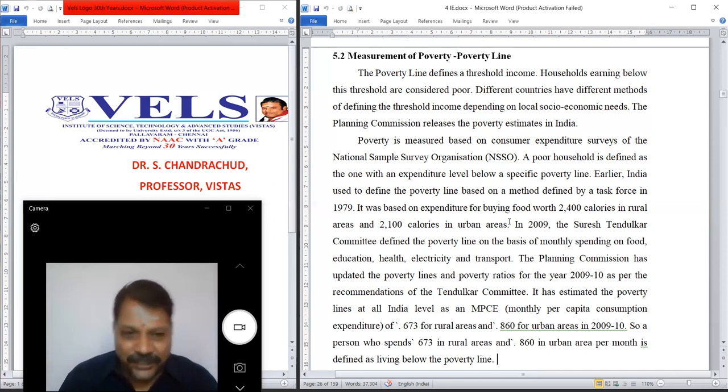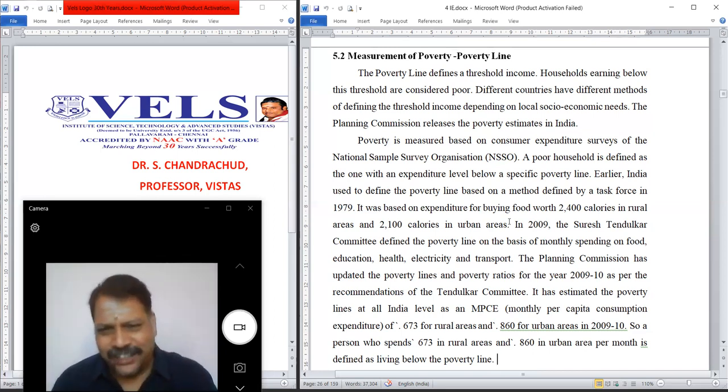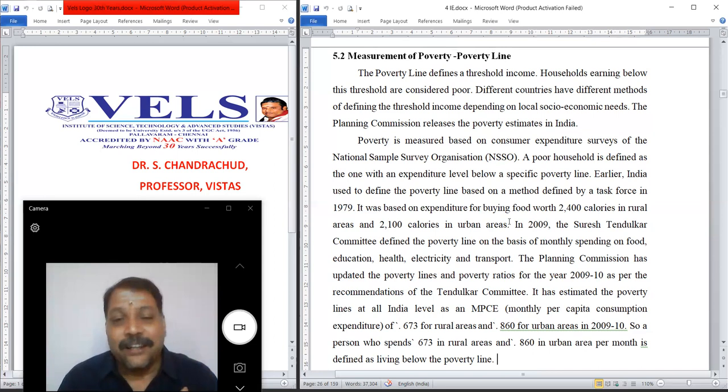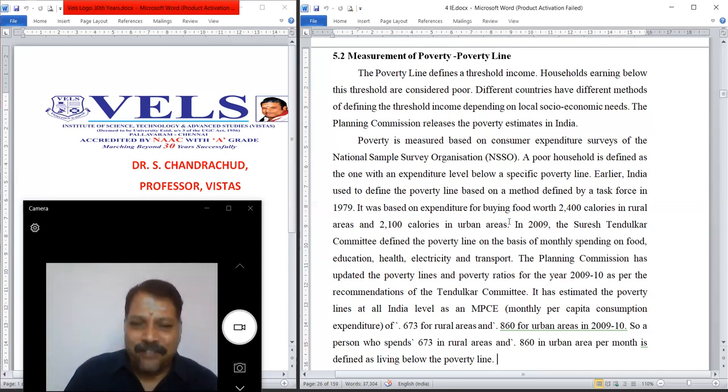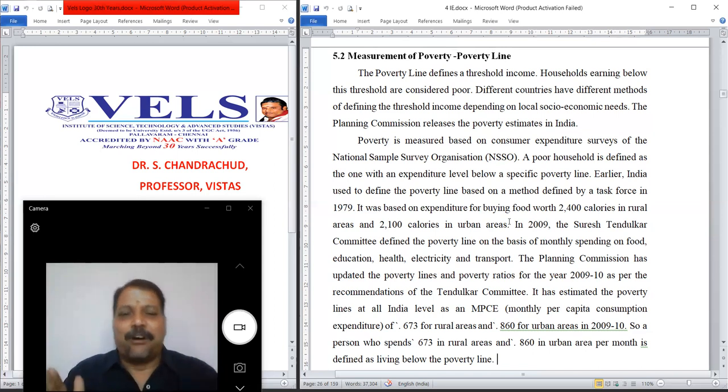But in 2009, the Suresh Tendulkar Committee tried to define the poverty line. How did they define it? On the basis of monthly spending on food, education, health, electricity, and other services like transport. Based on these, if he is able to afford them, then he is above the poverty line.